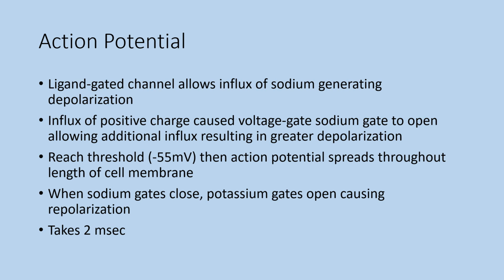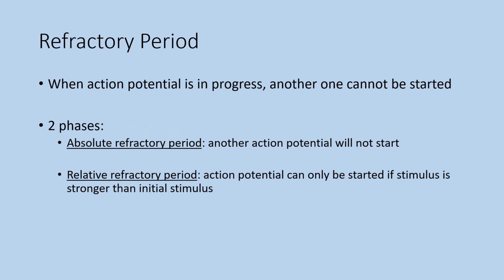But once you reach that threshold and that charge goes down the entire length of the cell membrane, that's an action potential. So think graded is just local. Action potential is going to go the entire length of the cell. When the sodium gates close and the potassium gates open, that's going to cause the repolarization. How long does this whole process take? About 2 milliseconds. So not very long.